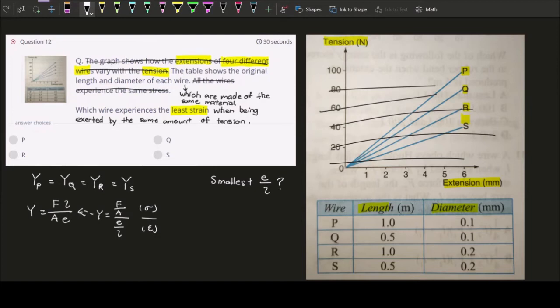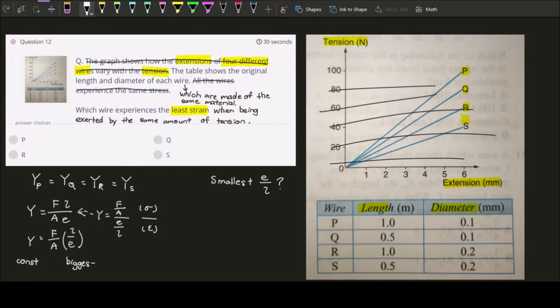This one is F over A, this one is e over L. If your e over L is smallest, that means if you flip it, it will be the biggest.